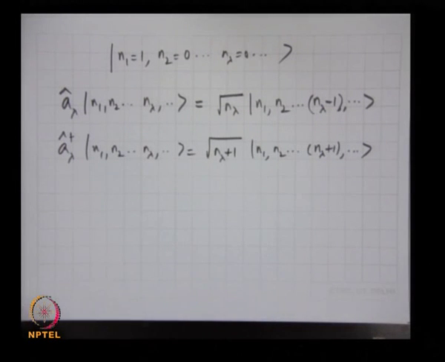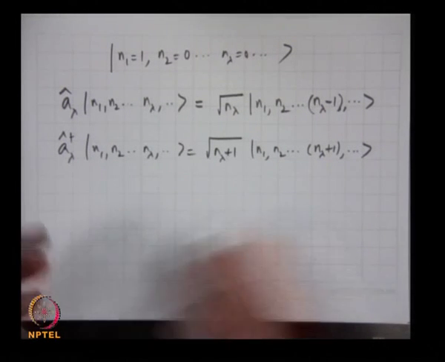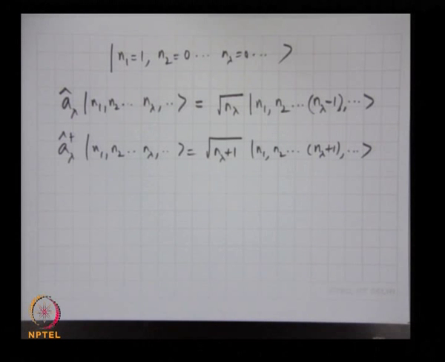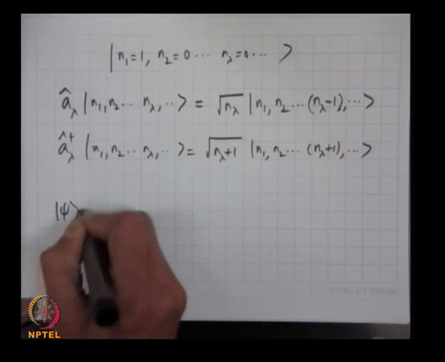Apart from that, A lambda operating on this gives you n lambda, etc. So let me write down the most general state of the electromagnetic field, and then we'll solve.